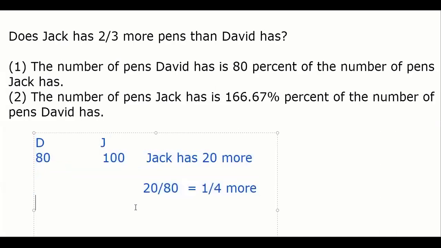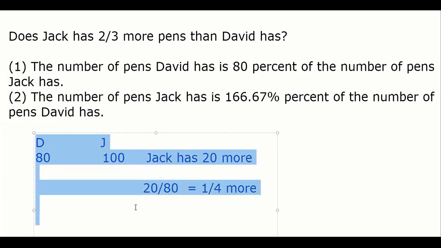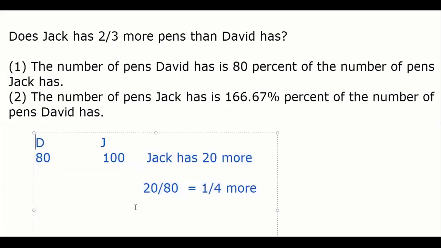Sir, sufficient, sir. Why is it sufficient? Tell me, Skan. So I'll explain to everybody. Still we can say 1 is sufficient.